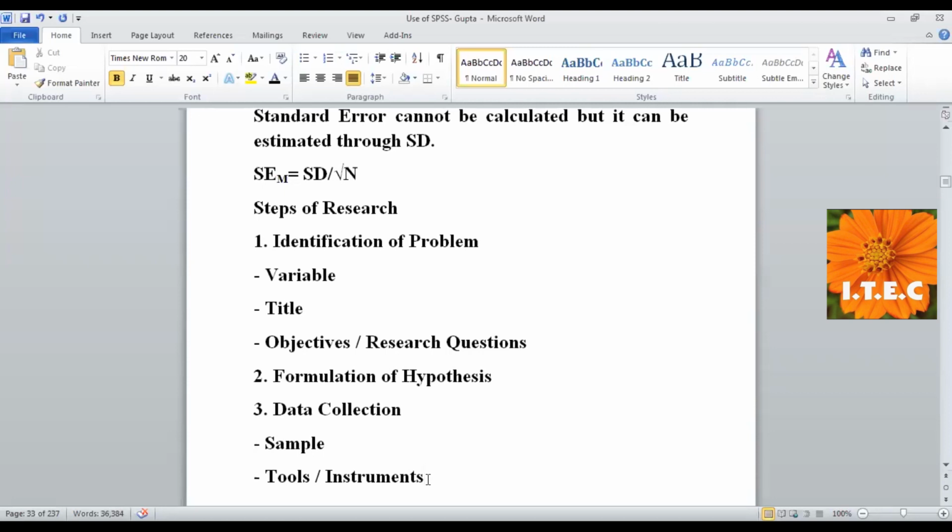Now, in India, in science, we are using tools, instruments, but some of our instruments are not very sensitive in comparison to the instruments used in USA or UK or Germany, in the developed countries.